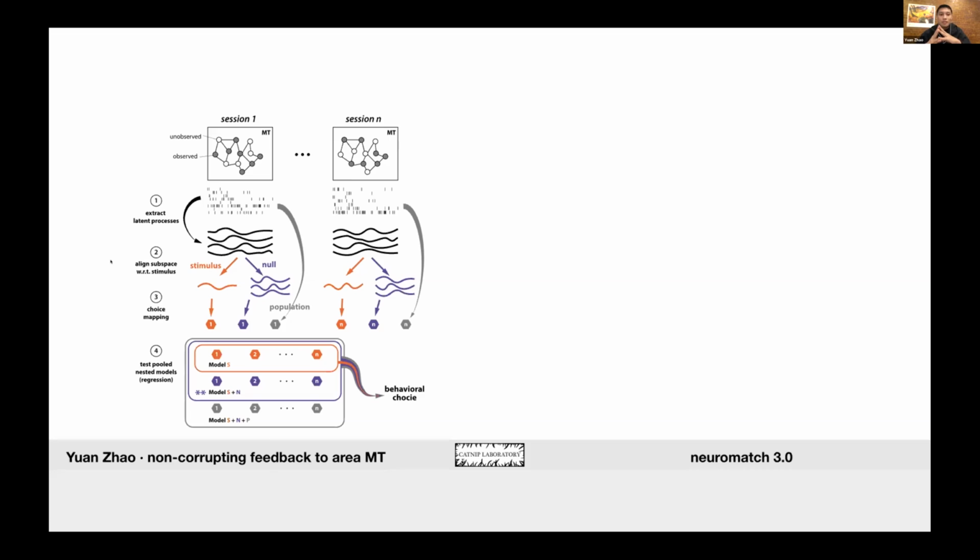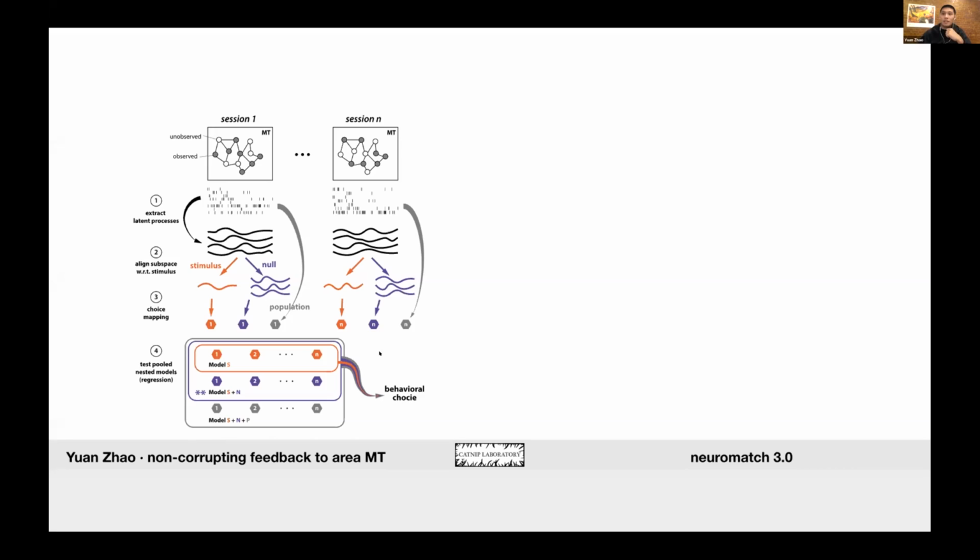Then we did a so-called choice mapping to map the multi-dimensional factor to a 1D scalar that enables the calculation of choice probability. And those choice mappings preserve the choice information in the latent factors. And finally, we pool the mappings across sessions and did a statistical test in the nested model. So basically, the nested model tells if the outer model explains more than the inner model.